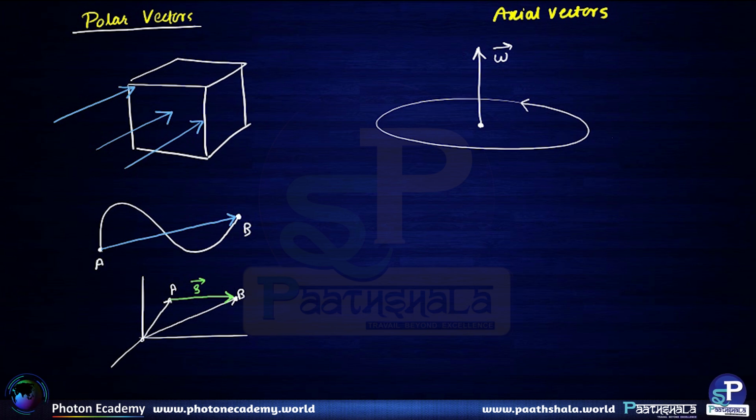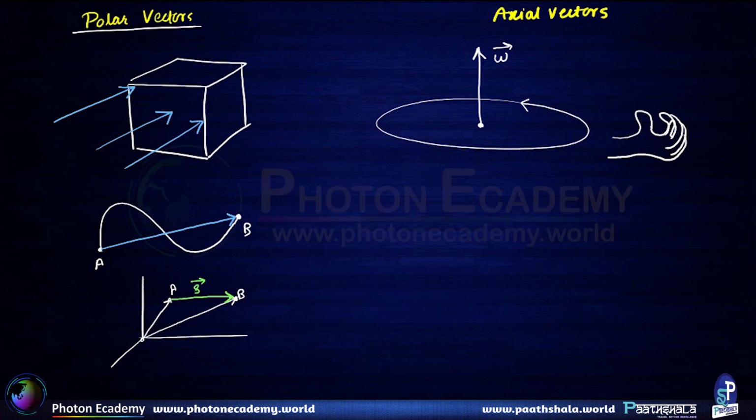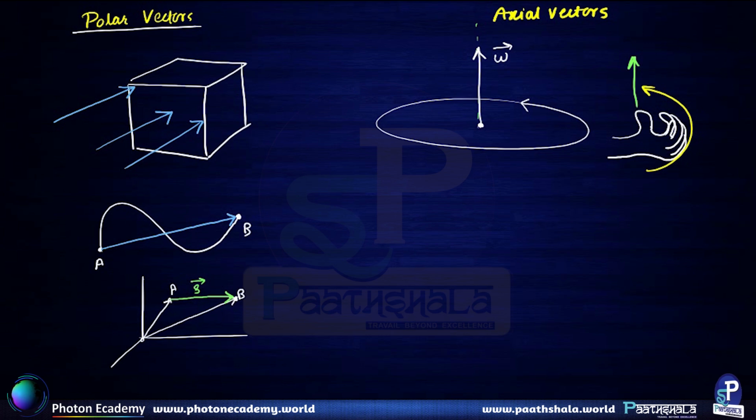If we wrap the fingers of our right hand along the circumference, then the direction of the thumb tells us the direction of omega. This is called the right hand thumb rule. So omega points along the axis of rotation. Since it points along the axis of rotation, this omega vector is called an axial vector.